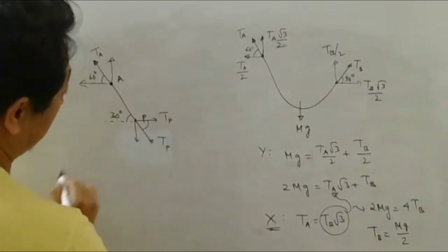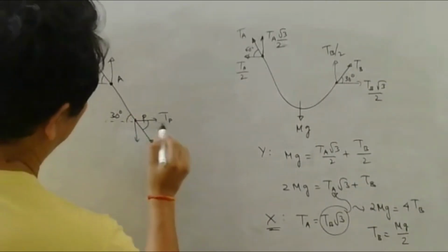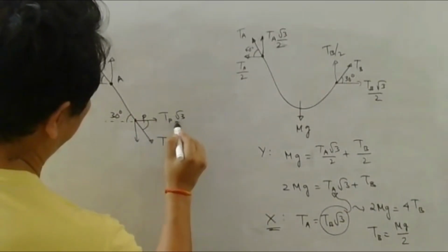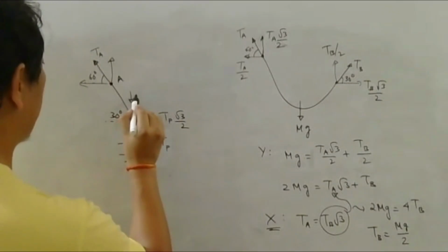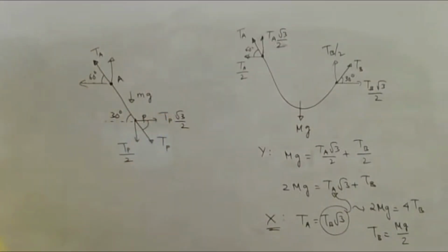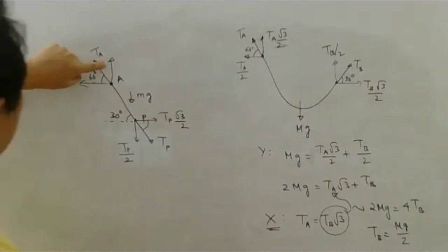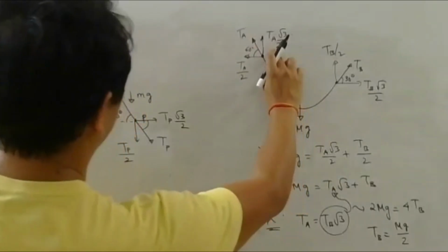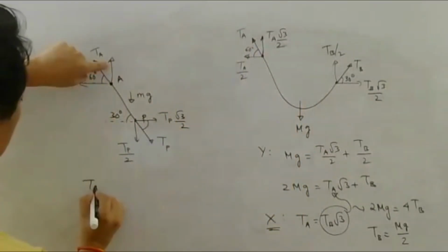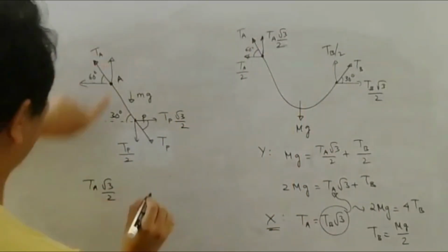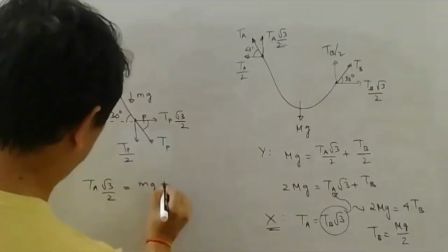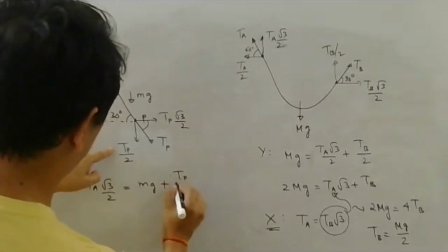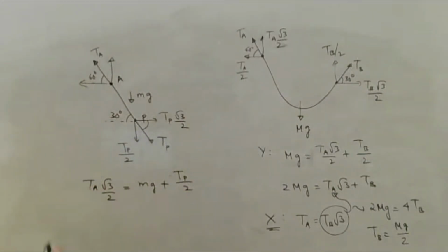This is 30, means this is 30. This is TP cos 30. This is TP sine 30, means half, and here weight will be mg. So vertically this component is TA root 3 by 2, same like before. TA root 3 by 2 upward force should balance mg plus this TP by 2. This is for y-axis.